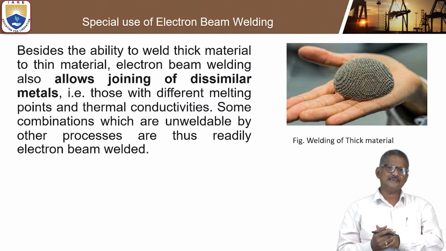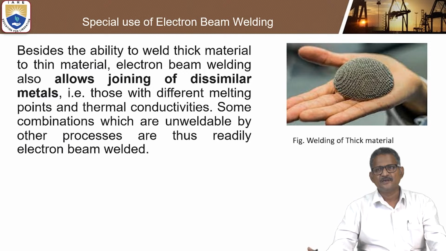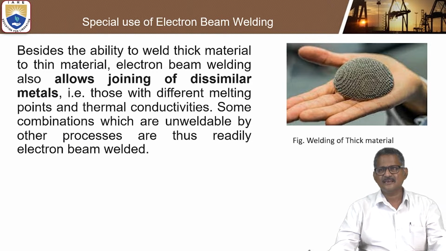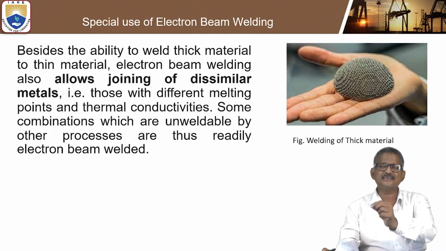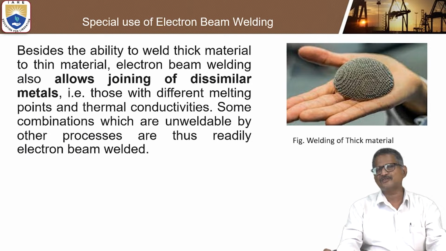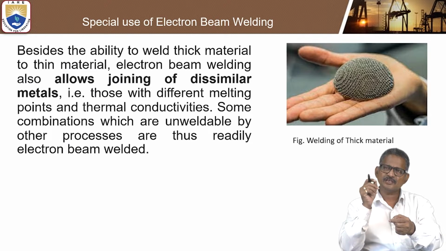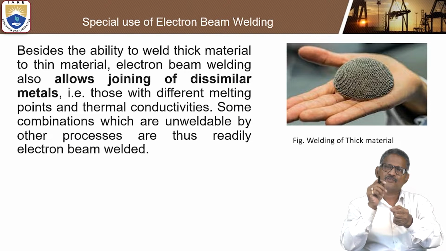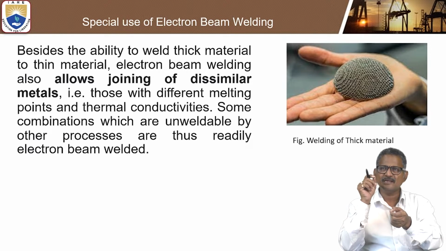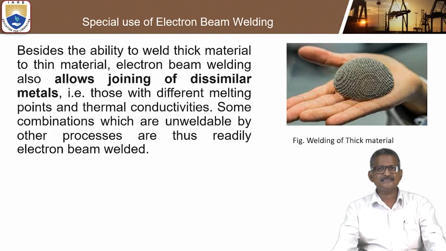Now let us see what is the special use of electron beam welding. Look at this, it is the welding of thick material. Thick material can also be fabricated using electron beam welding, because there is no contact with the workpieces; only the flow of a beam of high velocity electrons touches them to join them effectively.